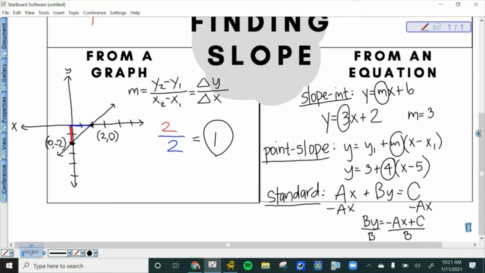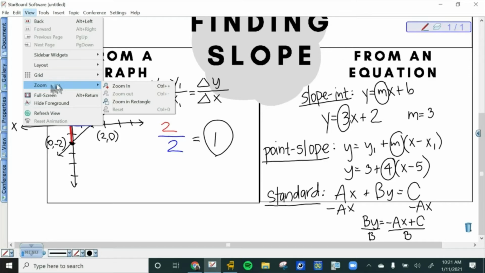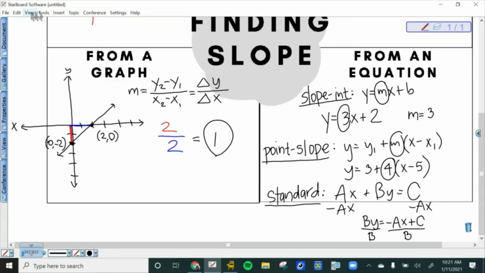And then what I'm left with, I'm going to write it over here, is y equals negative a over b x plus c over b.